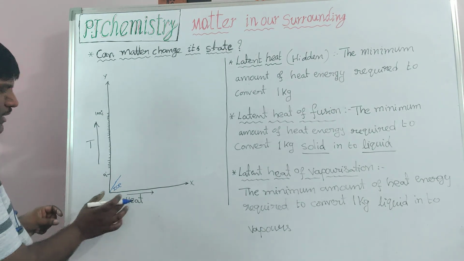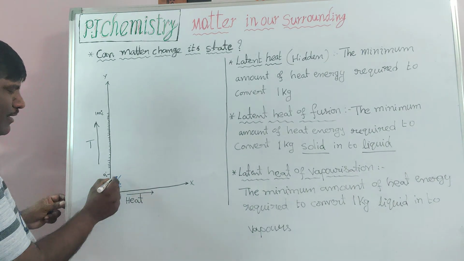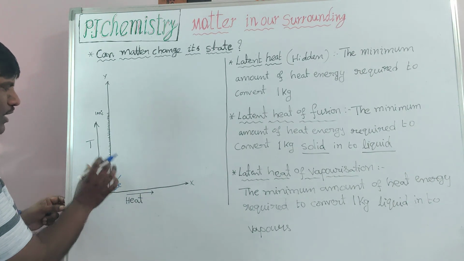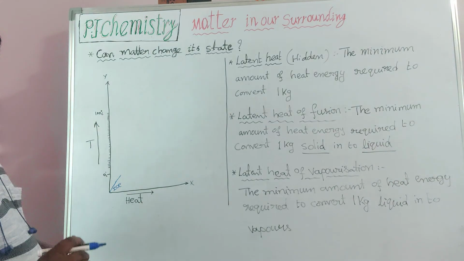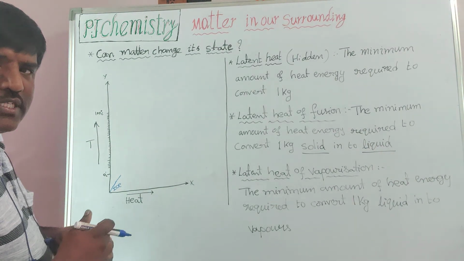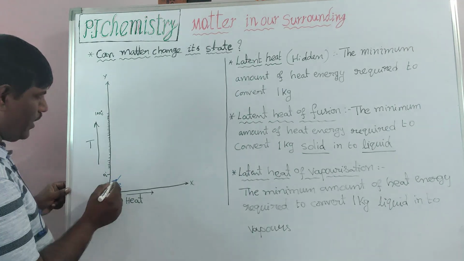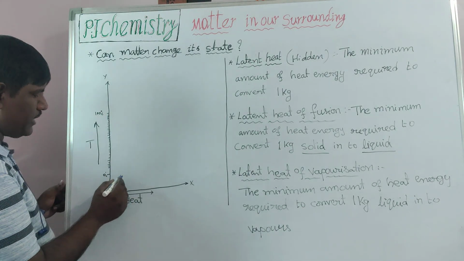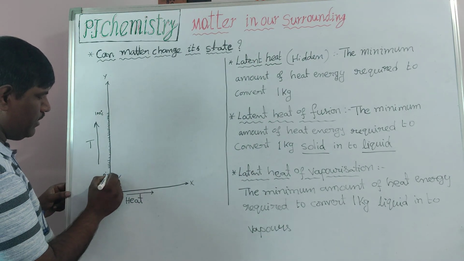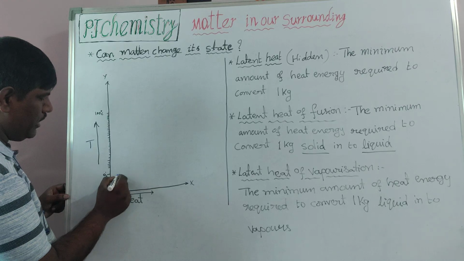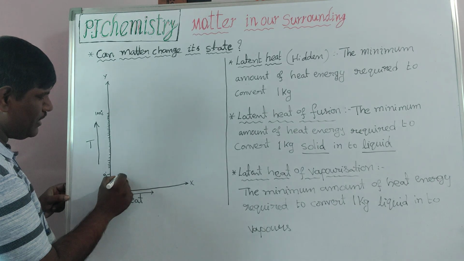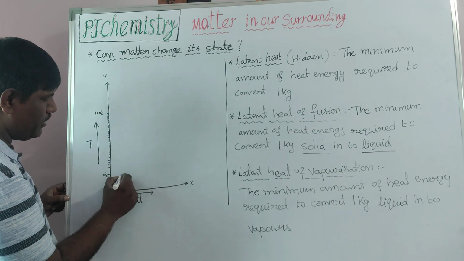We are giving heat, but we do not notice any rise of temperature in the thermometer. That is what we call latent heat. Once all the molecules get equal heat, it reaches 0 degrees Celsius. That is what we call the melting point.